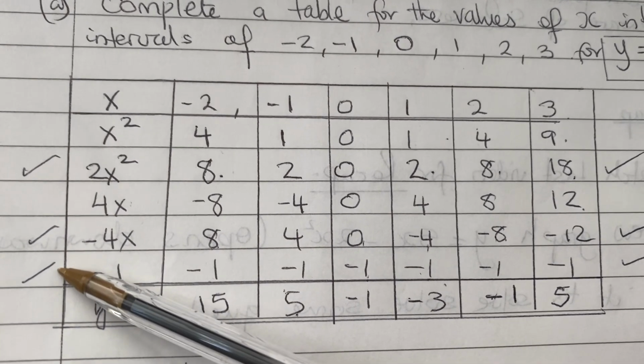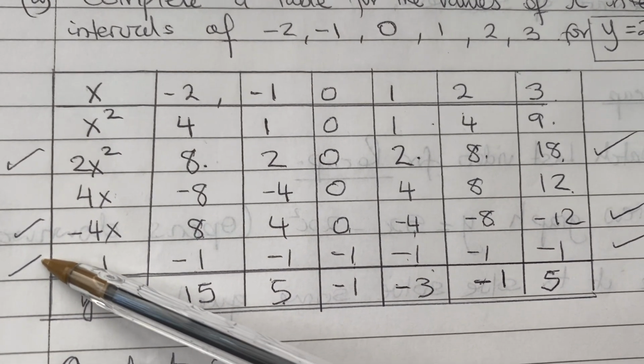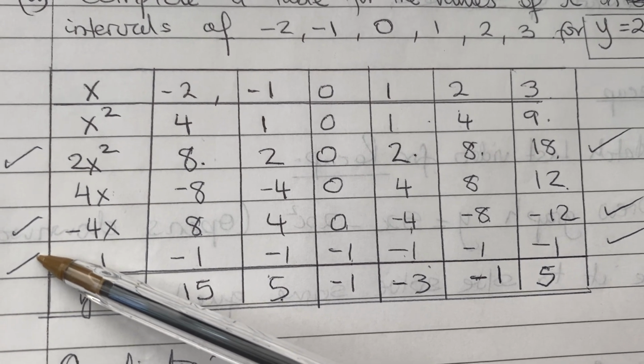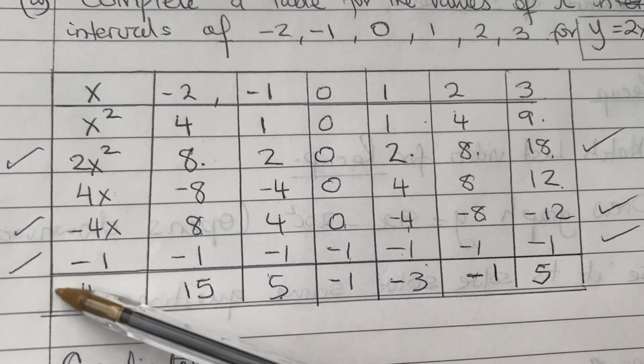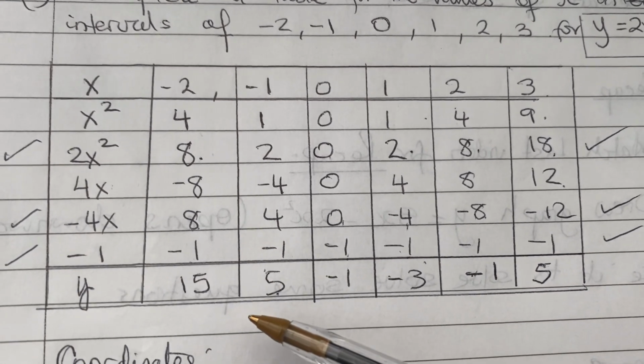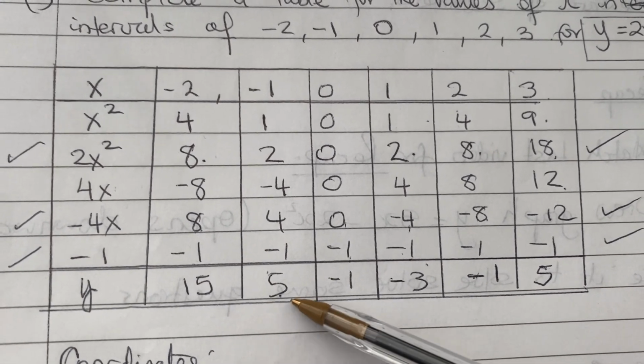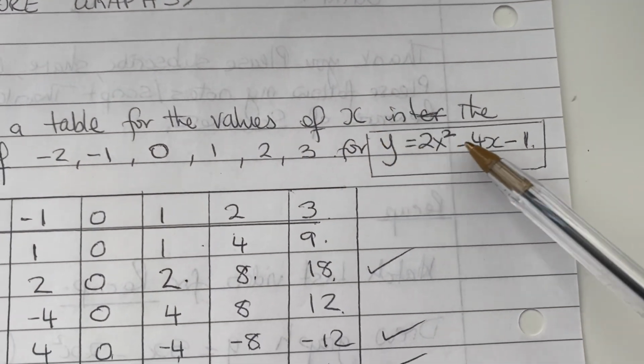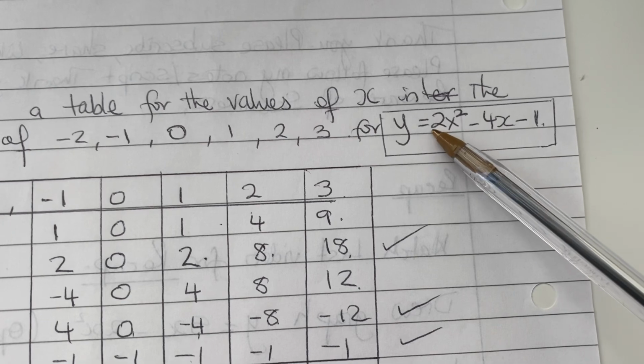If you don't know how to use the table, I think the table is easy to understand. You can still do it when y is equal to 2x squared minus 4x minus 1, then you put it in all the equation and get your answer.